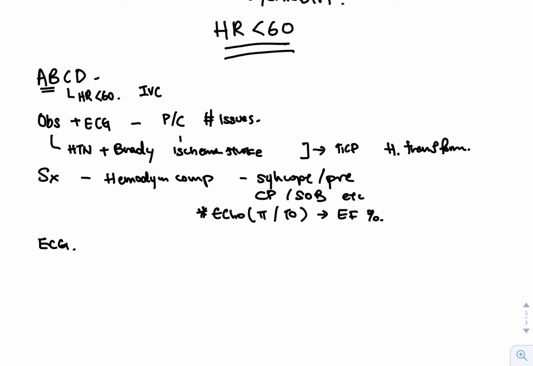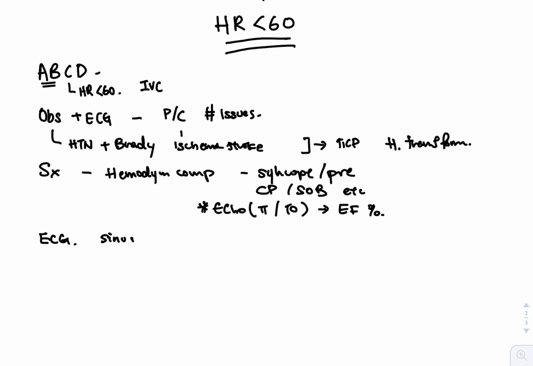If they're in sinus bradycardia, that's often fine because it's very common and very normal for someone to be in sinus brady just due to increased vagal tone, especially in young, healthy athletes. So if the patient is young, then sinus brady is probably not going to be an issue anyway. And also it's important to note that it's very common for people to be in sinus brady whilst they're asleep due to an increase in vagal tone.